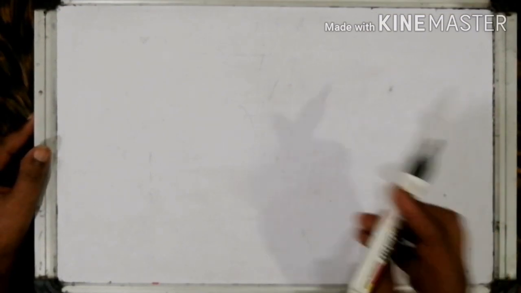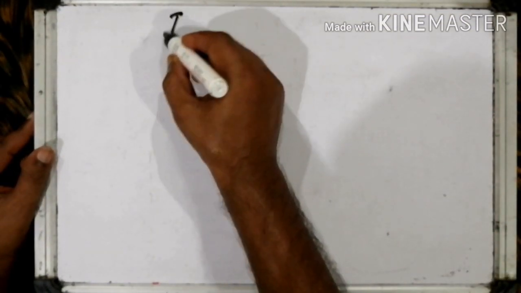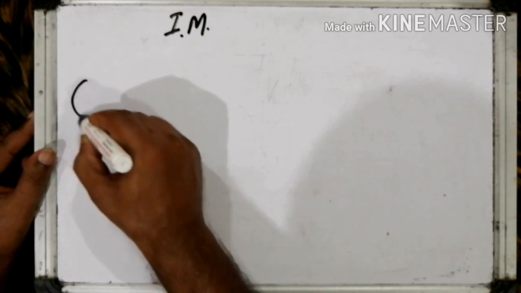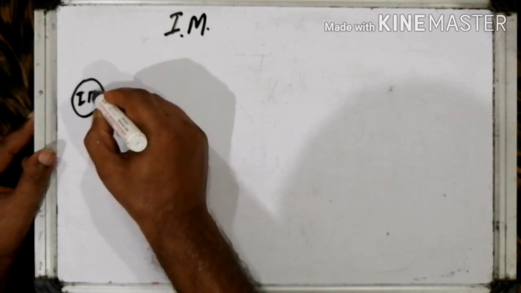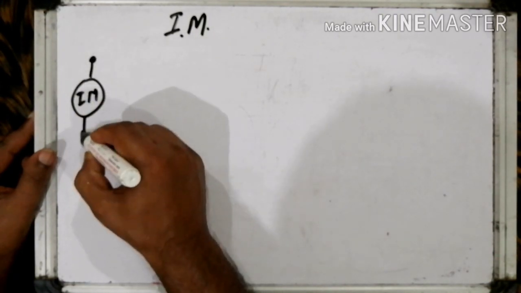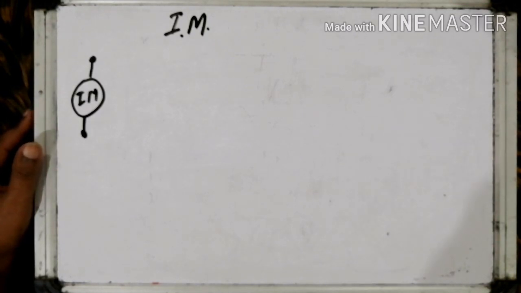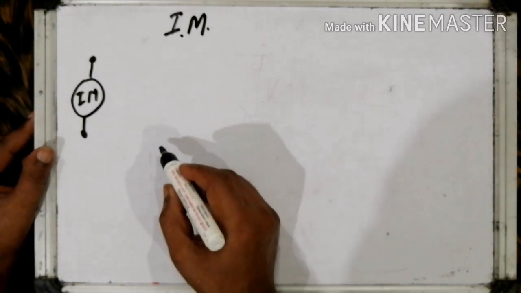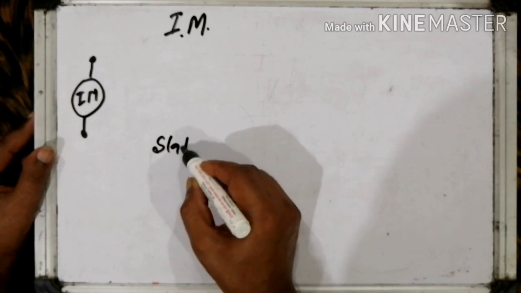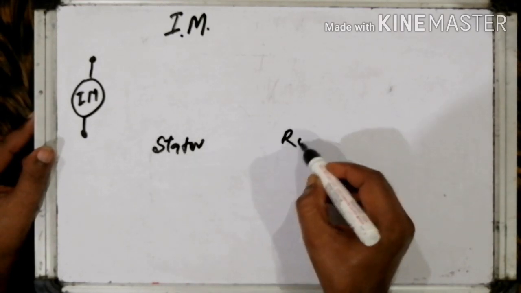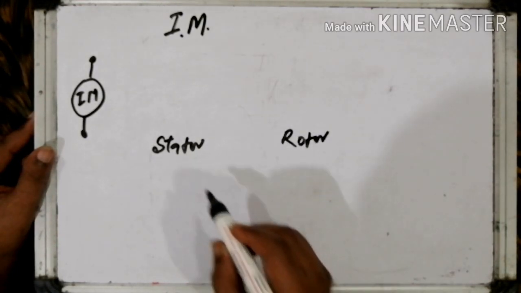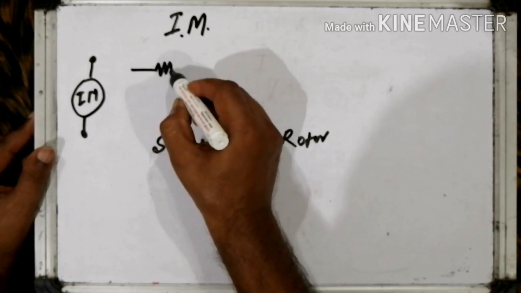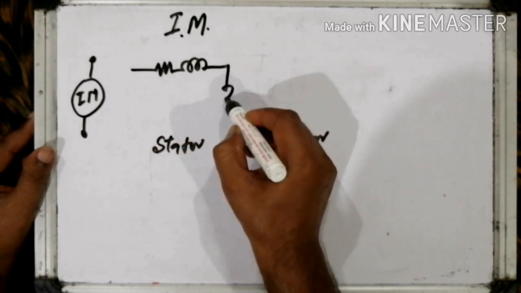Now the next one is induction motor. This is the symbolic representation of induction motor. Now the actual diagram. There are two parts: one is stator, the second is rotor. Stator contains resistor, inductor and coil.